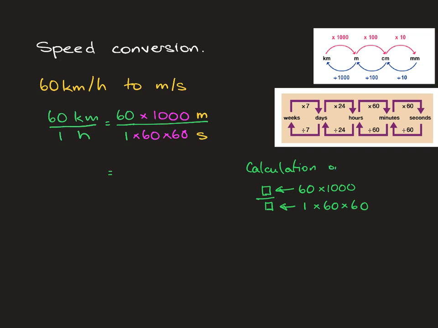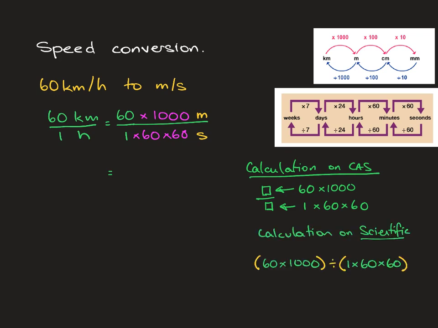So that's the calculation on CAS. If you don't have a CAS, if you just have a normal scientific calculator, you need to be a little bit more clever in forcing the calculator to do the numerator first and then the denominator. So on a scientific calculator, you need to force it to do the numerator first, which is the top line. And so you use the brackets.